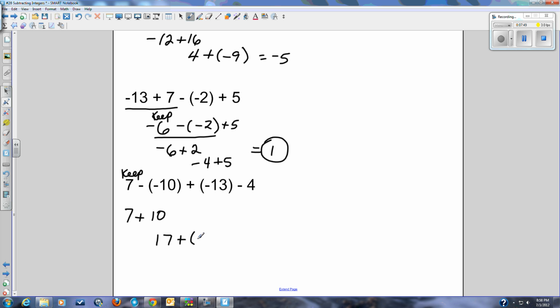Bring down the rest of the problem. Take the next two figures to add together. 17 plus negative 13 gives you 4. Bring down the rest of the problem. 4 minus 4 we know is 0.